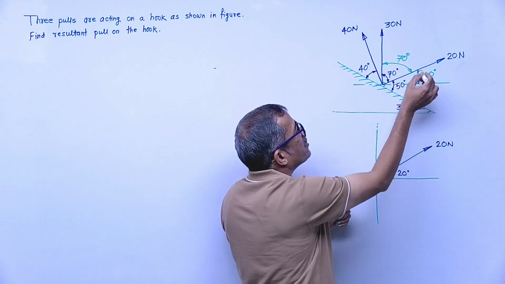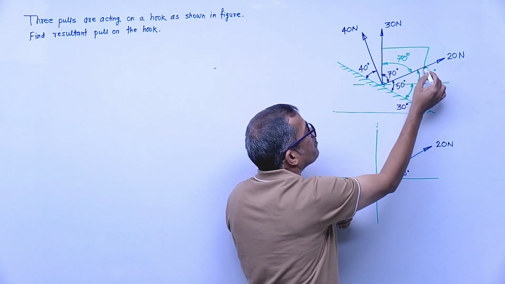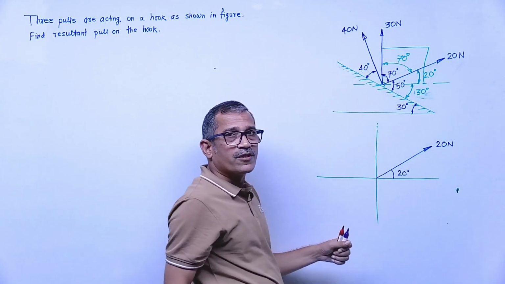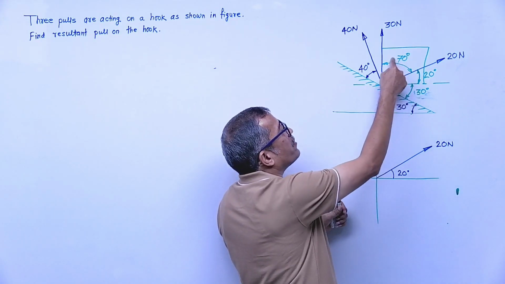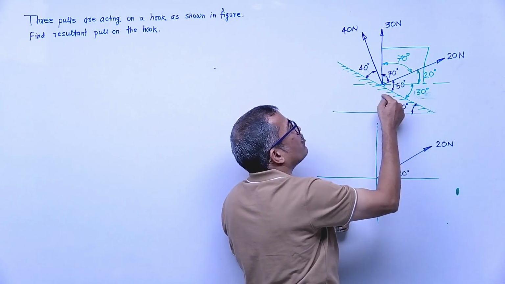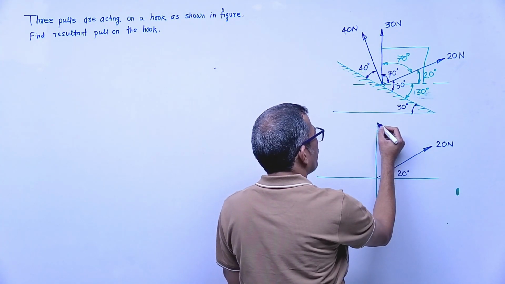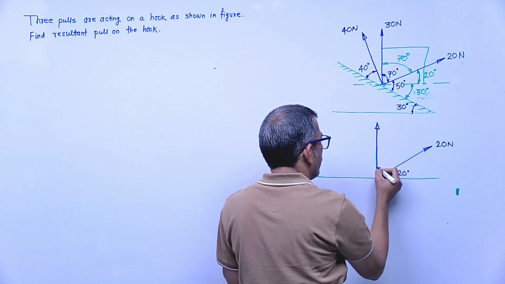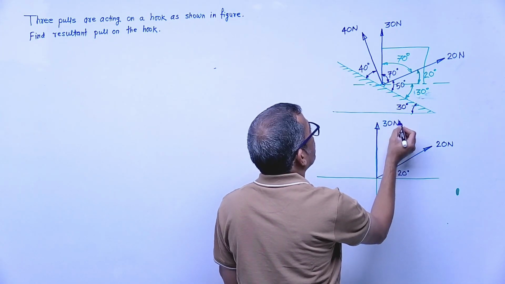Now this is 20 plus 70, which is 90, perpendicular to horizontal, means 30 Newton force is vertically upward. 90 to horizontal means vertical. That means this force acts in vertically upward direction. What is the magnitude? 30 Newton, right?